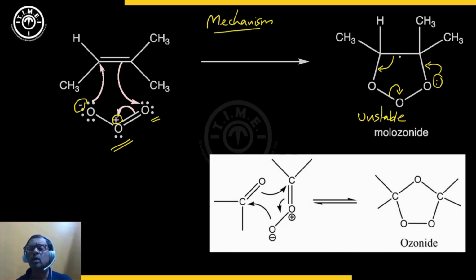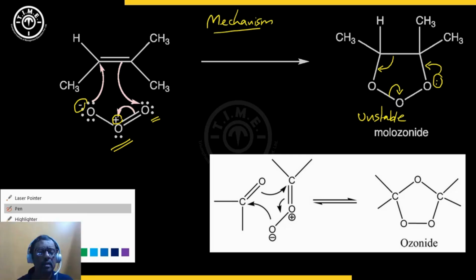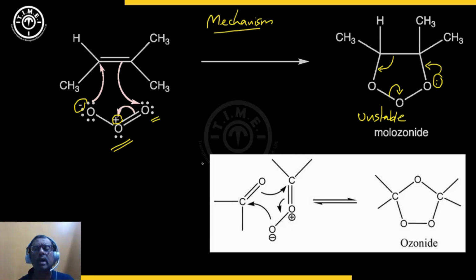So after that has broken, I'll put the things which are exactly present there. I can take this as a CH3, this as a hydrogen, that as a CH3 and this as a CH3. It is as if the molozonide is turning into a set of two compounds.